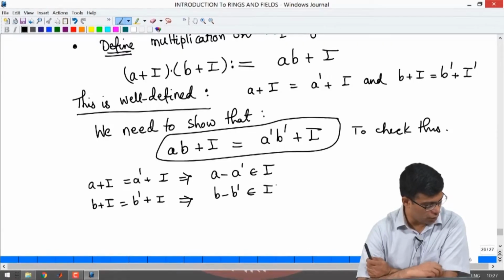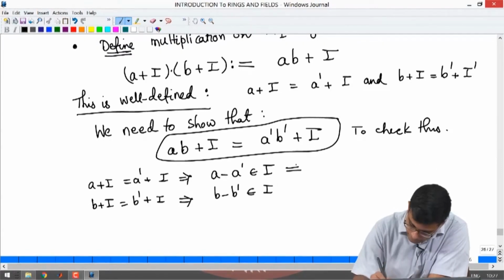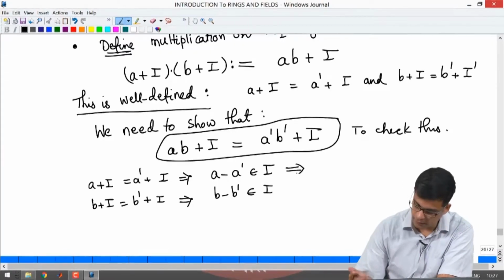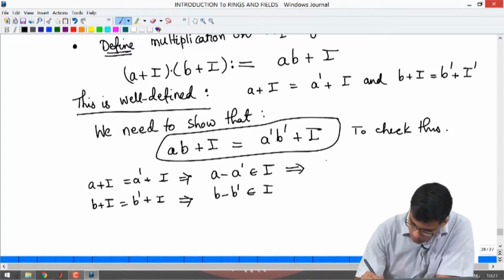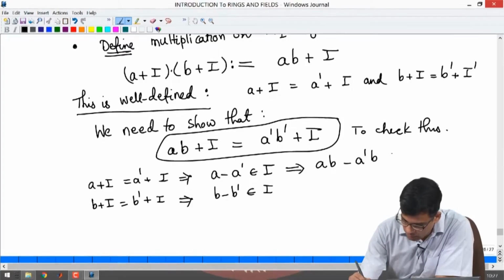Now what I will do is multiply this with b. I claim that ab minus a prime b is in I. Why is this implication true?